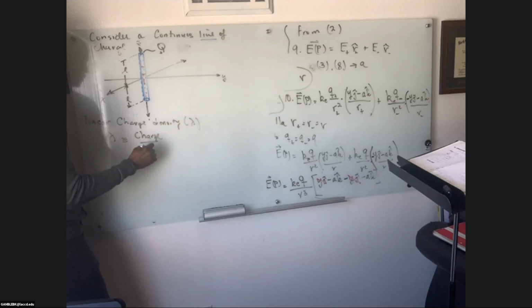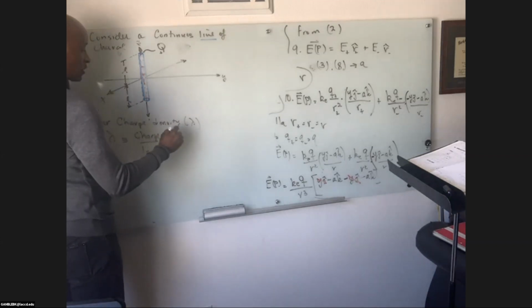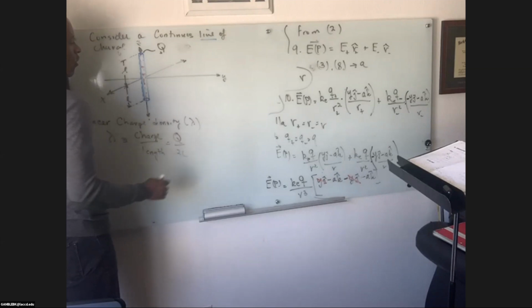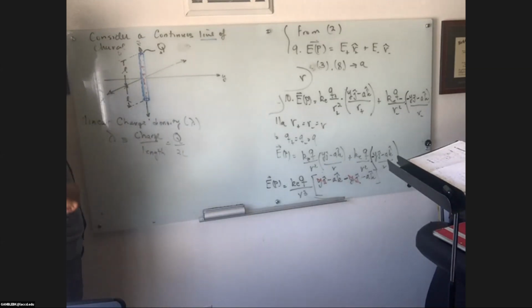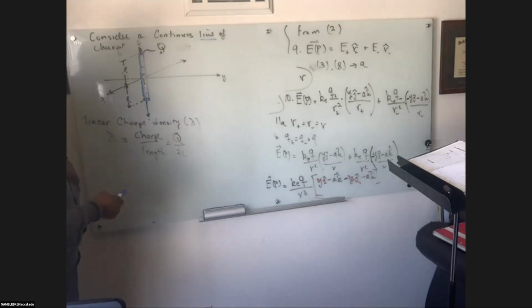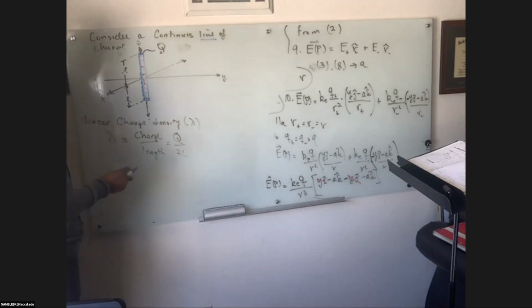If it's a uniform charge distribution, that can be equal to the total charge Q over the total length 2L, or it can be equal to any portion of this charge distribution that I want, because we assume that the charge density is uniform.